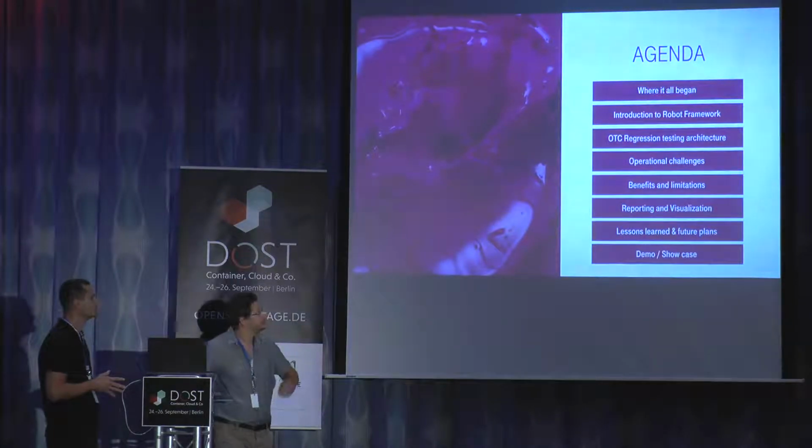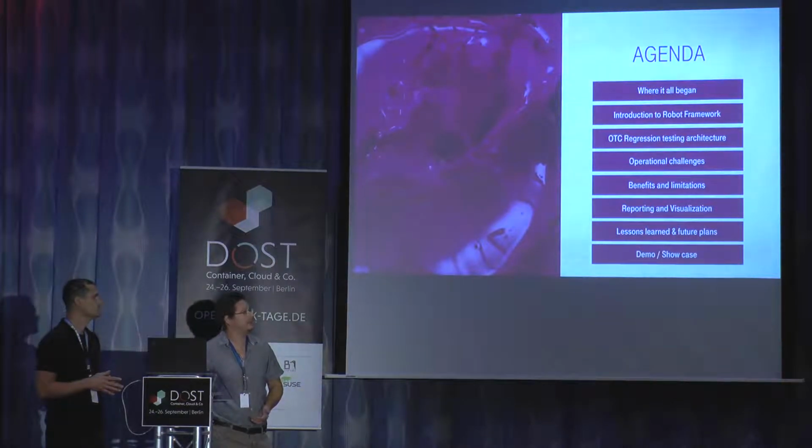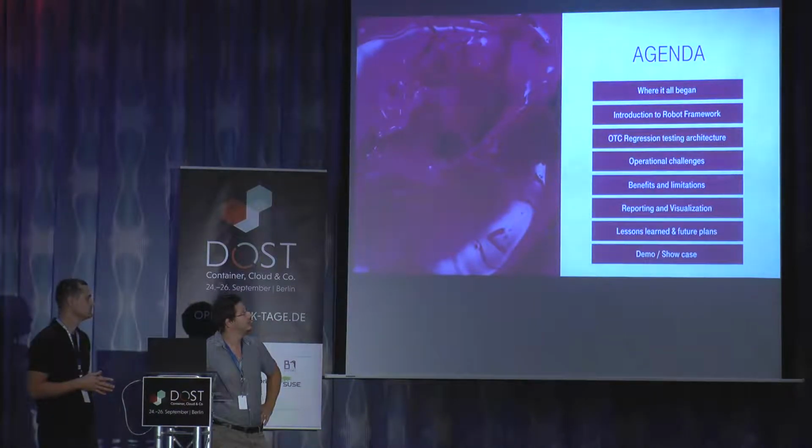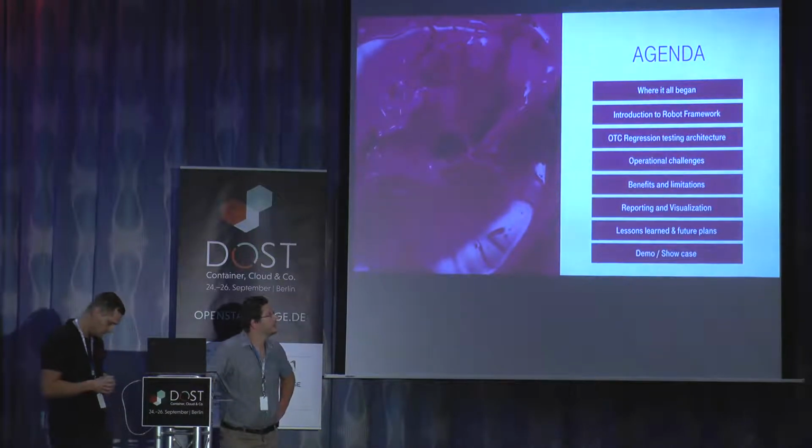Okay. So today we would like to start with the initial state where we were 2.5 years ago. Then we will go a bit technical with the Robot Framework, the usage, and some examples.